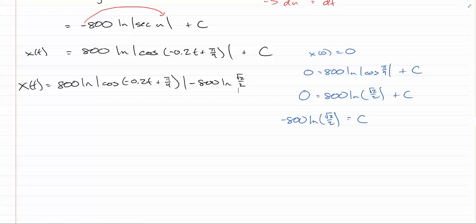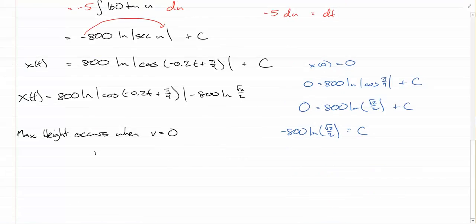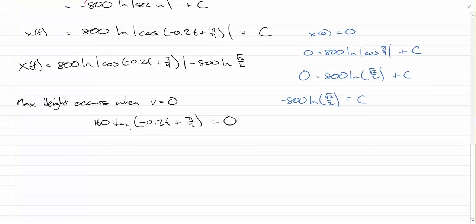We were asked how high it goes, so that's the maximum height. Just going back to Calc 1, the maximum occurs when the derivative is 0, in other words, when the velocity is 0, and we already found the velocity function up here. So that's when 160 tangent of negative 0.2t plus pi over 4 is 0. When does the tangent function hit 0?